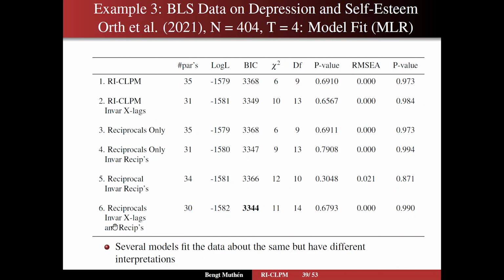And we see that the log likelihood value does not increase that much, even though the number of parameters gets decreased, and therefore we get the best BIC value in the whole column here, 3344. But you could claim that several of these models fit the data about the same, but they do have different interpretations.